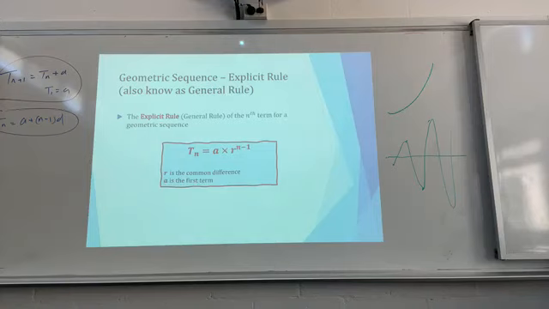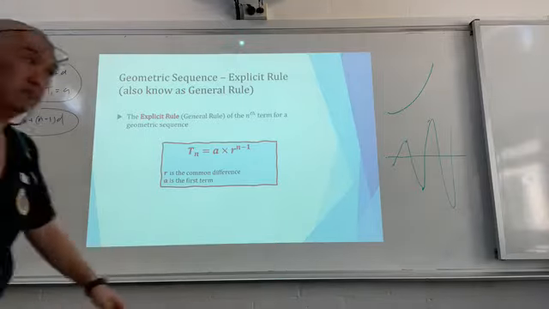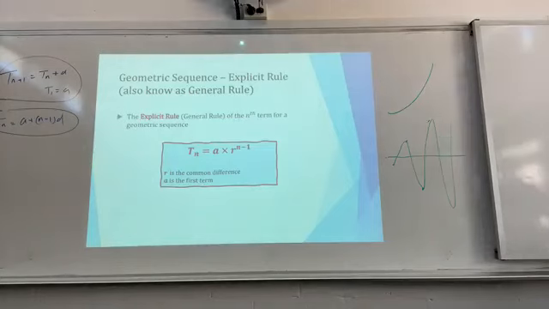The explicit rule: Tn equals a, which is the first term, times r, the common ratio, to the power of n minus 1. All right? You should know both of these rules. All right, I'm going to move on.